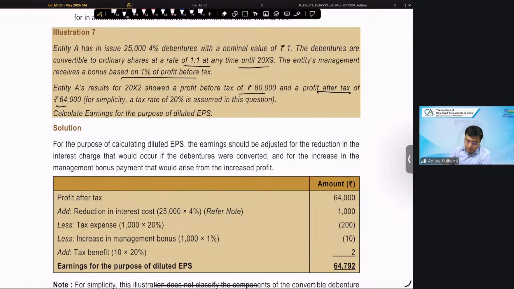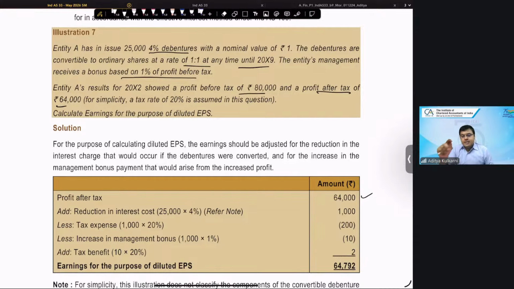What is your profit after tax? 64,000. Now, this is my starting point for diluted EPS. How do I calculate? Well, if I convert these debentures into shares, will I be saving interest on that?